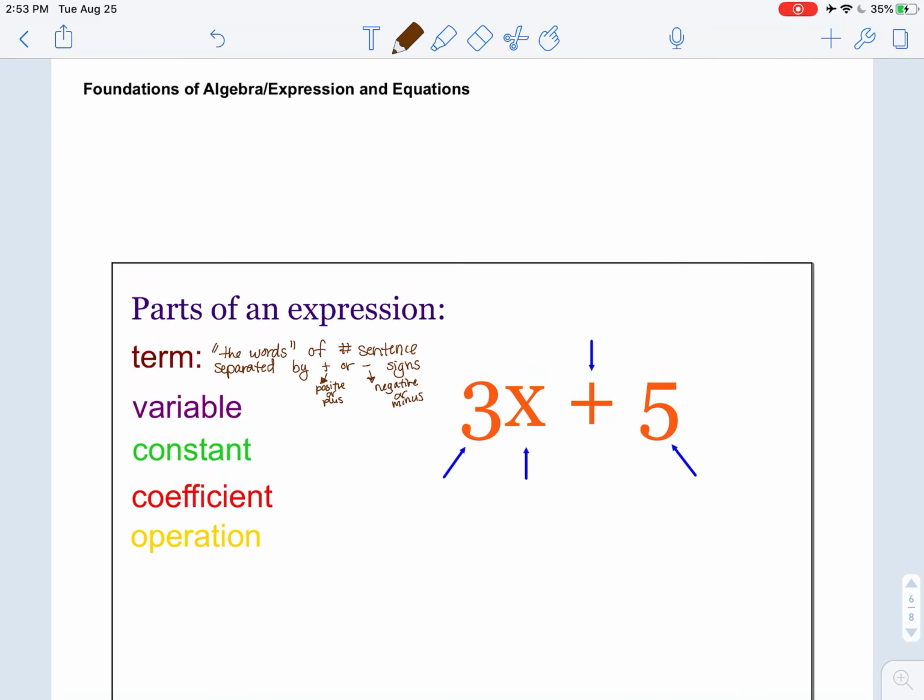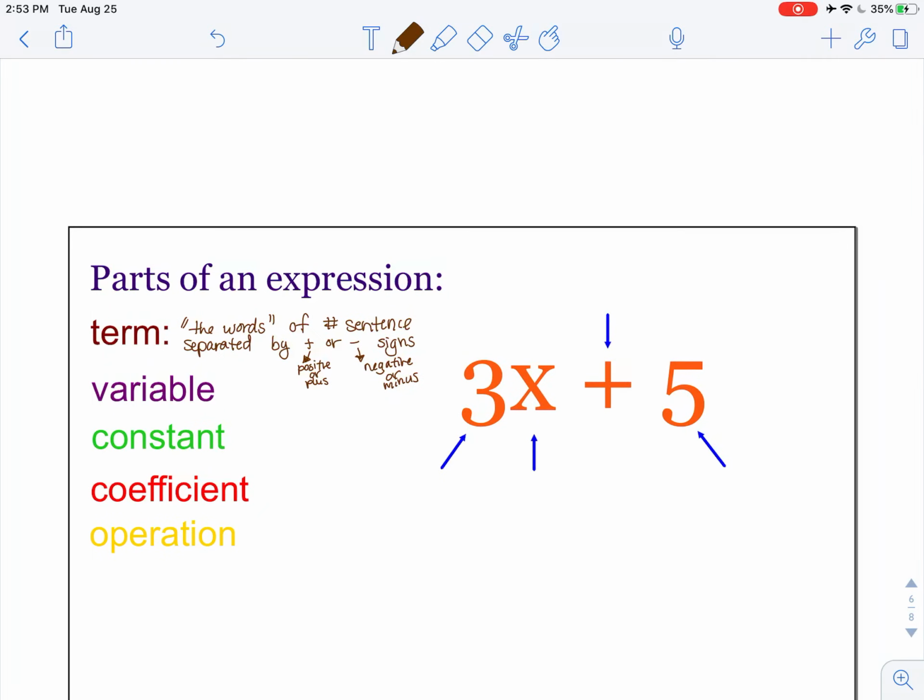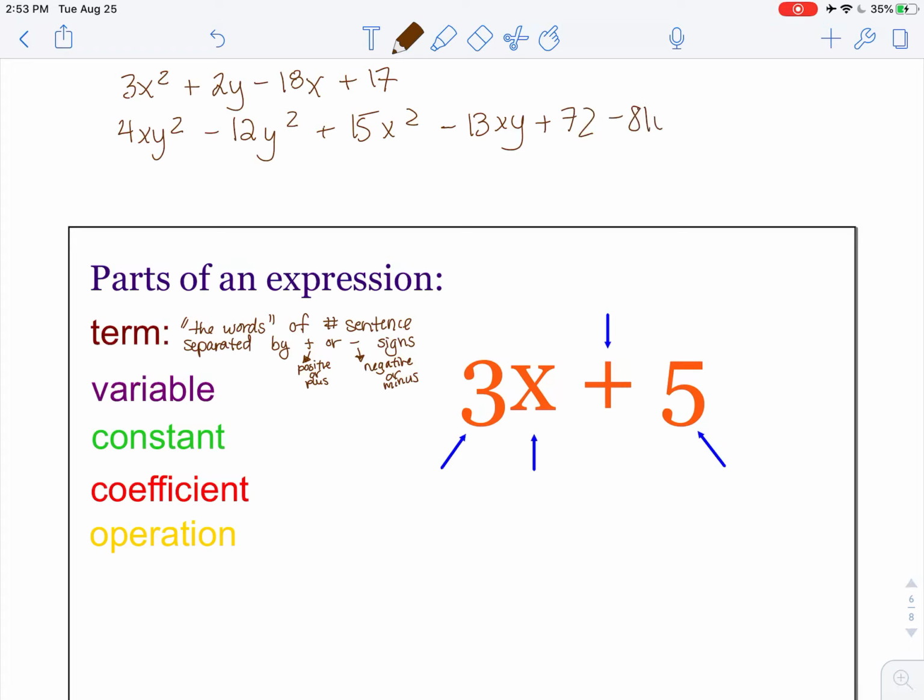So let's look at a couple examples up here. Let's look at 3x squared plus 2y minus 18x plus 17. We'll also look at 4xy squared minus 12y squared plus 15x squared minus 13xy plus 72 minus 81y.